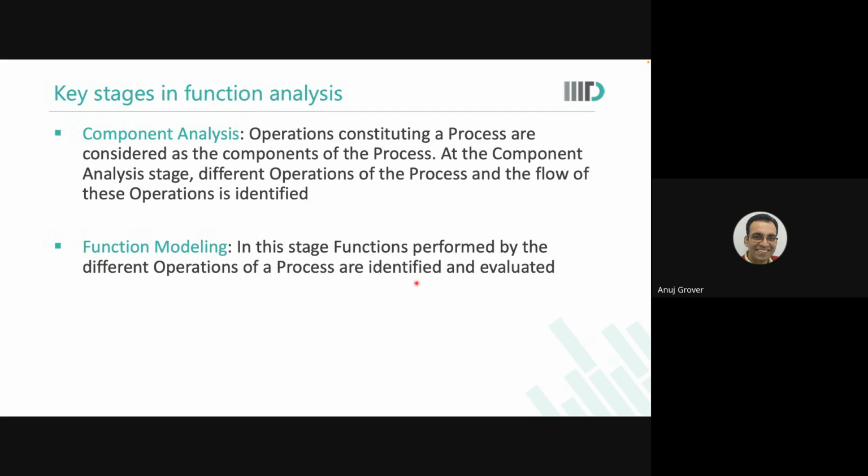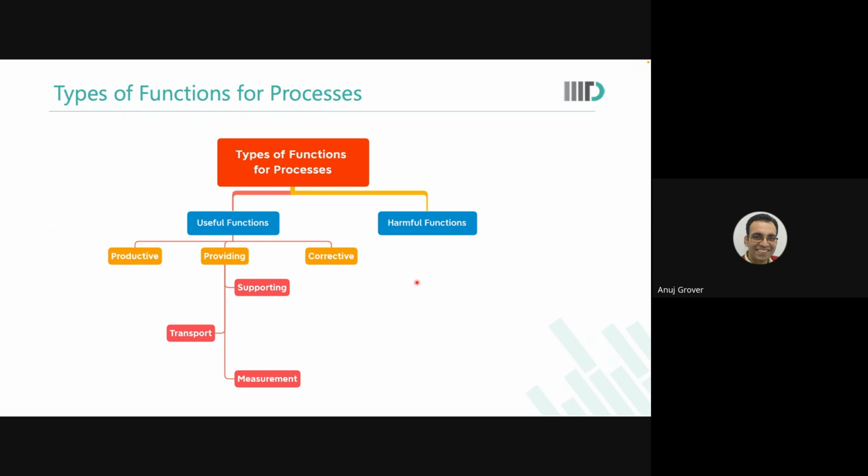Exactly the same way as we did for products earlier. Here comes the difference. When it comes to types of functions, we had useful and harmful. But after that, useful functions were split into basic, additional, and auxiliary.